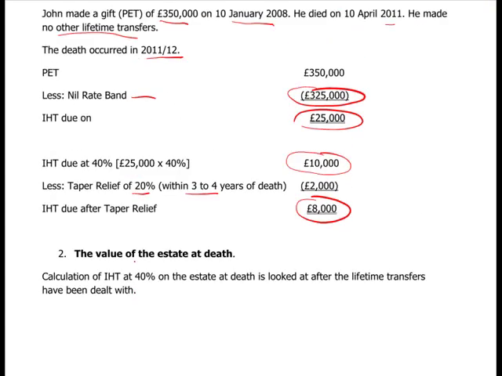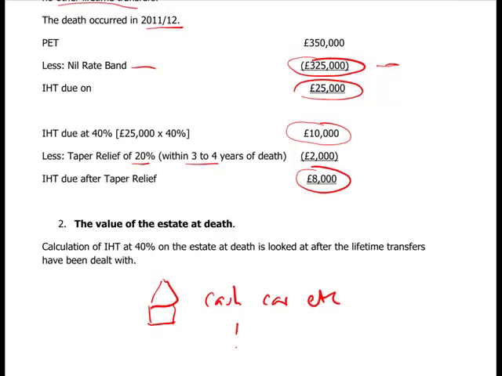So in other words, this potentially exempt transfer has used all the nil rate band. So if someone also had a house, cash, car, etc., they would all be taxed now at 40%, because the nil rate band has been used up by the potentially exempt transfer from 3 years ago.